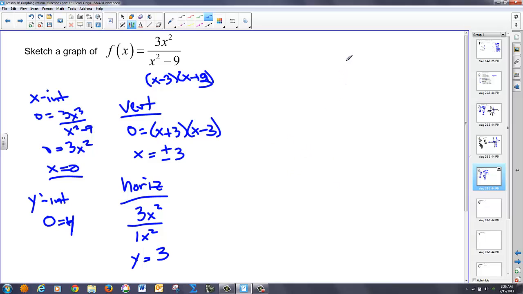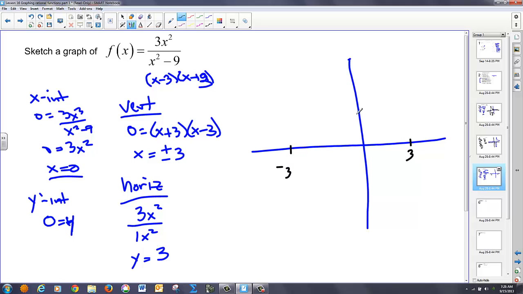So let's go ahead and plot some of this stuff. Here's 3. Here's negative 3. Here's 3. Draw these boundary lines, if you will.